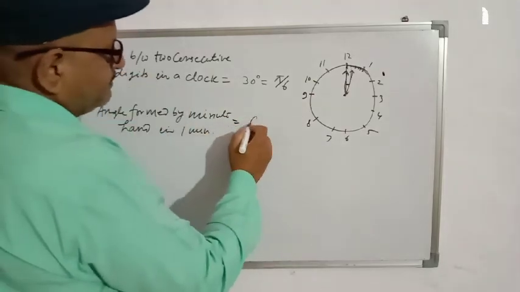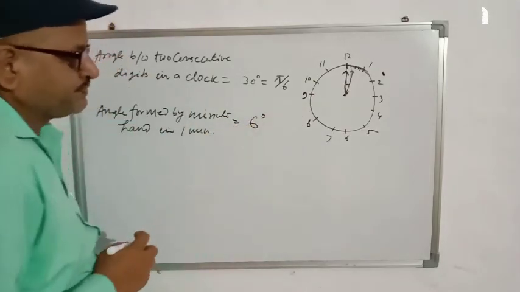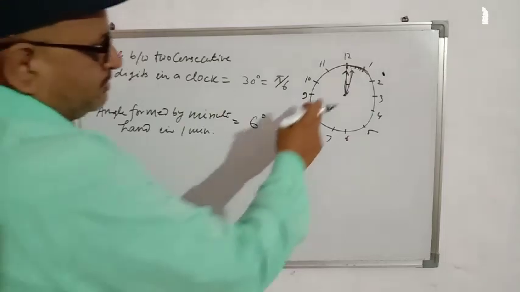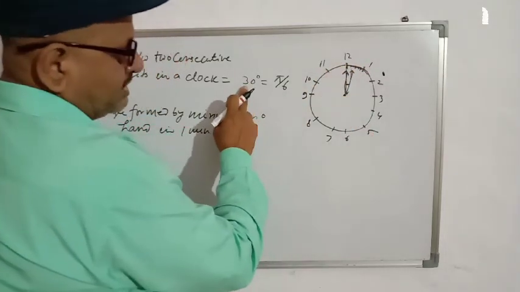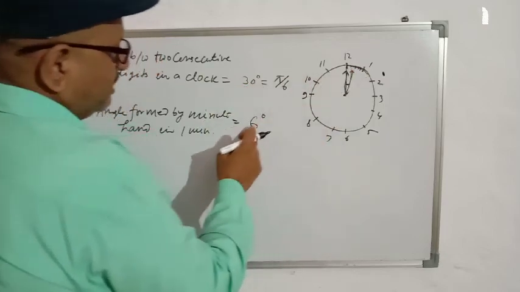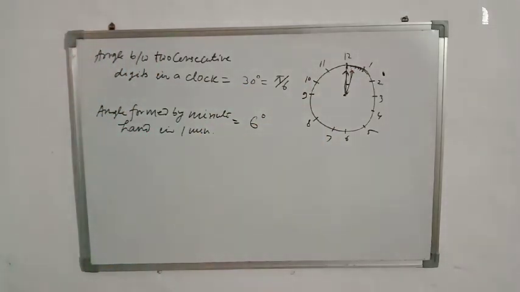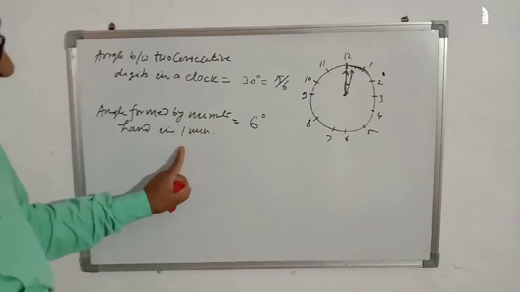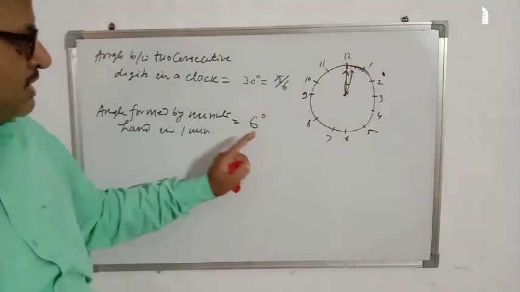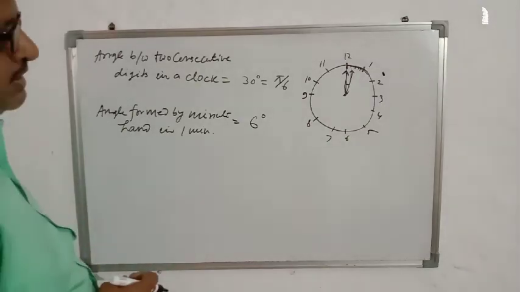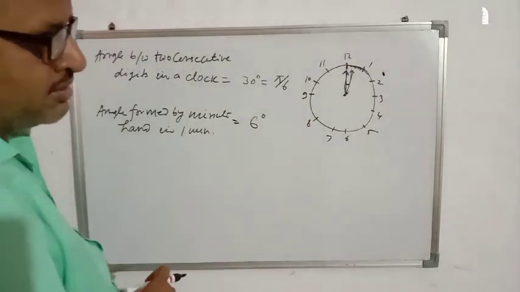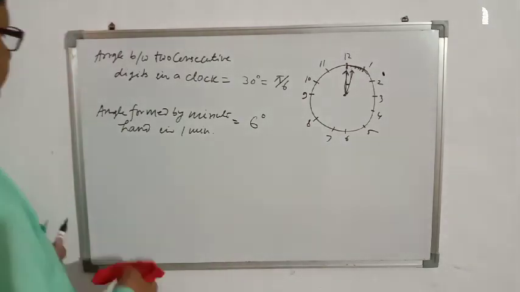It will be 6 degree, because between 12 and 1 there are 5 minutes and the angle is 30 degree. So for 1 minute, what will be the angle? 6 degree. So the angle formed by the minute hand in 1 minute is equal to 6 degree. We can use this concept if a problem based on the clock is asked.